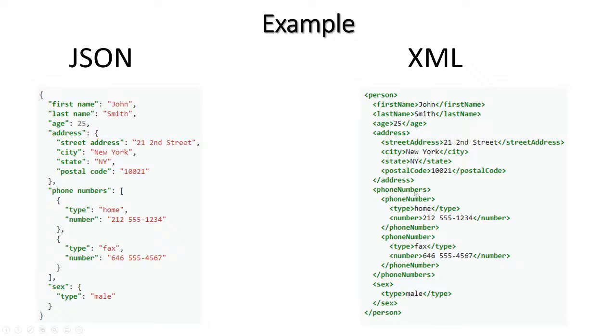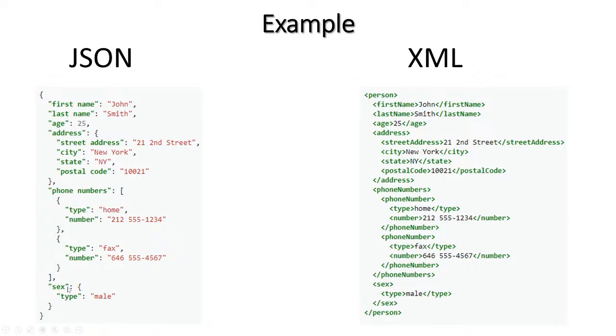You have phone numbers, then one phone number with the type and the number, then another phone number with the type and the number. The same here. We have two phone numbers, and to store multiple values we need to have the array, and the elements of the array are the objects. So we have type, number, and the same here.